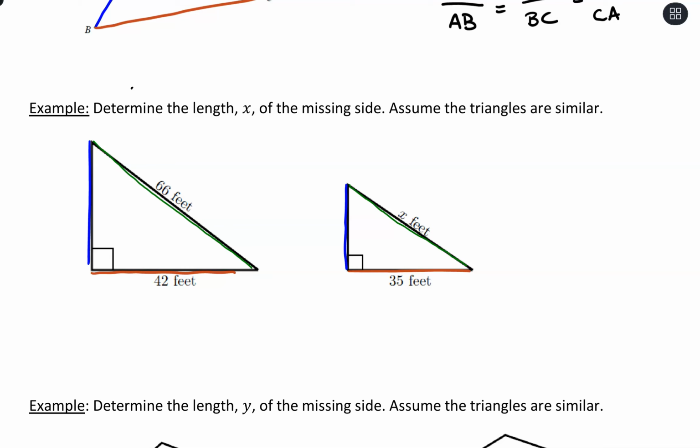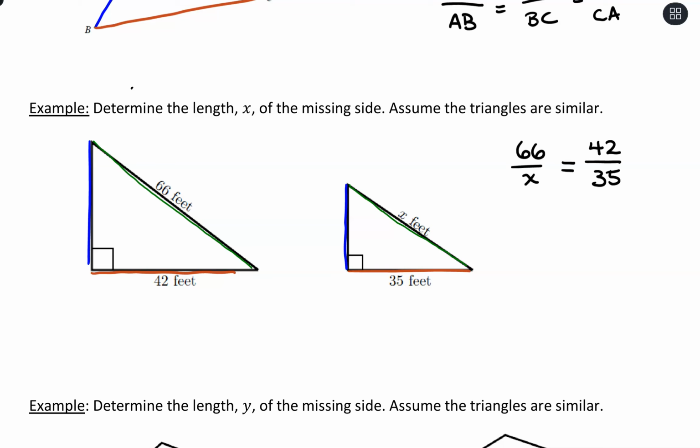So I'm going to work with 66 and x together, and write it as 66 divided by x is equal to, and then I want to go in the other direction and use the side length where I have 2 pieces as well, which is 42 and 35.